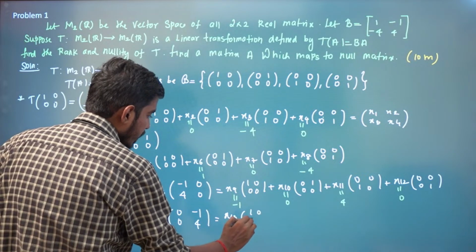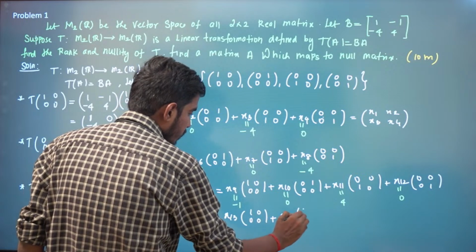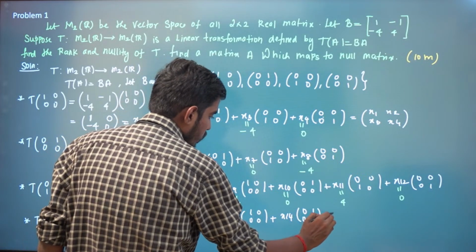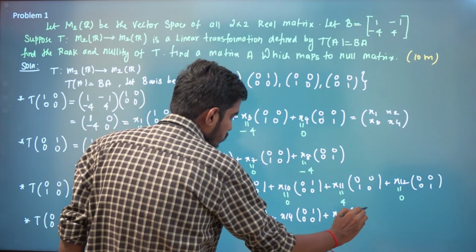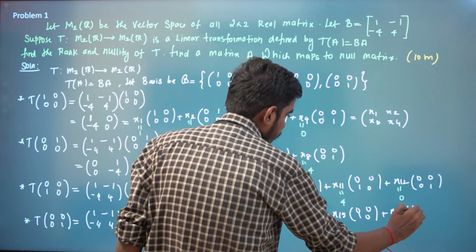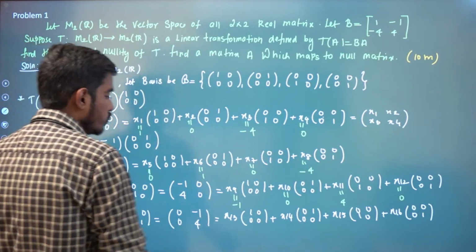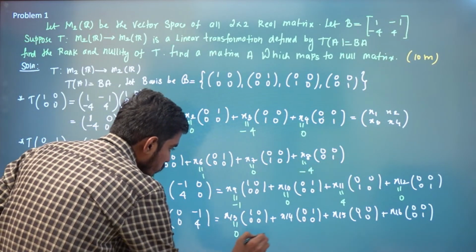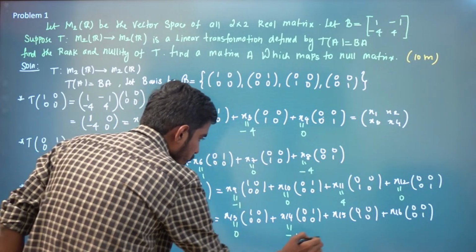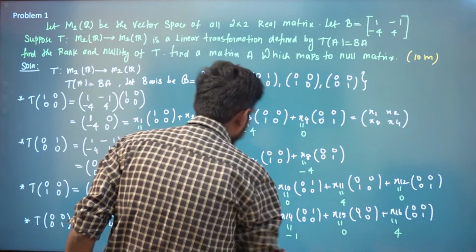Let's say x13 times 1 0 0 0, x14 times 0 1 0 0 plus x15 times 0 0 1 0 plus x16 times 0 0 0 1. Again, if you solve for these four, you will get this to be equal to 0, this to be equal to minus 1, this to be equal to 0, this to be equal to 4, right?